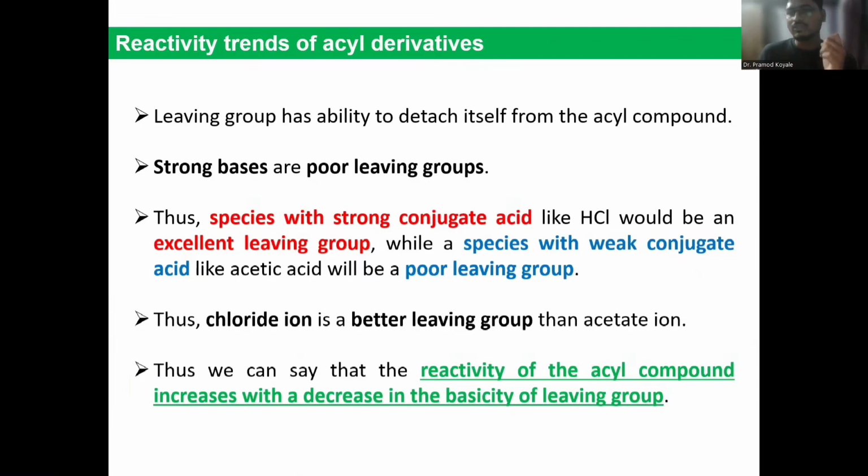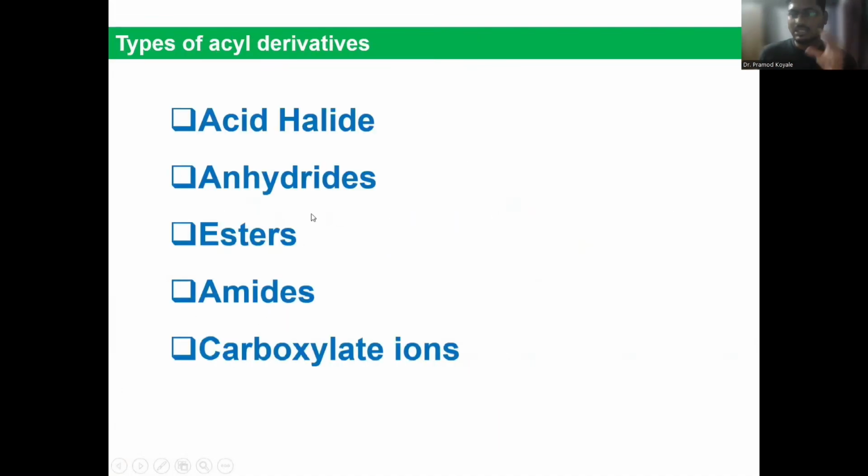Finally, we can say that the basicity associated with the leaving group is the key factor in concern with the reactivity of the nucleophilic substitution. So the reactivity of the acyl compound increases with a decrease in basicity of the leaving group. These are the types of acyl derivatives: acyl halides, anhydrides, esters, amides, and carboxylate ions.